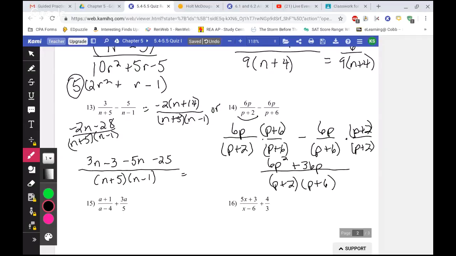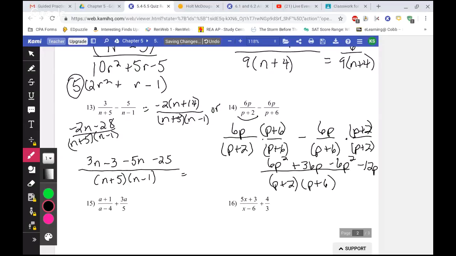And then this is going to be distributing a negative 6p to p plus 2. So negative 6p times p is negative 6p squared, and negative 6p times a plus 2 is negative 12p.